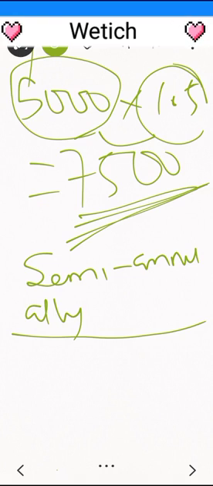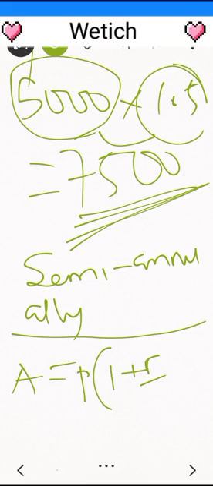The formula is A equals P bracket open 1 plus R over M bracket close to the power N times M. So this is more of a complex problem, but it's still simple.